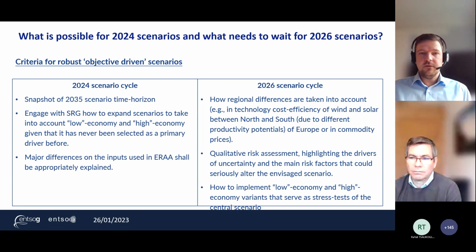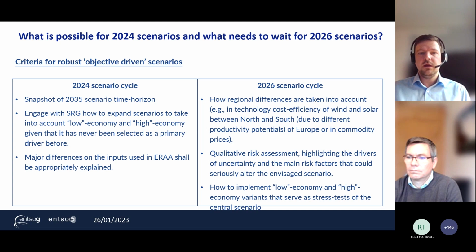For the 2026 cycle, we can factor in more of the elements, so we can really go for all elements. We will look at how regional differences are taken into account, for example, regarding commodity prices. We will provide a qualitative risk assessment, so we will highlight the major uncertainties that our scenarios face and what this means for our scenarios, what the consequences could be.